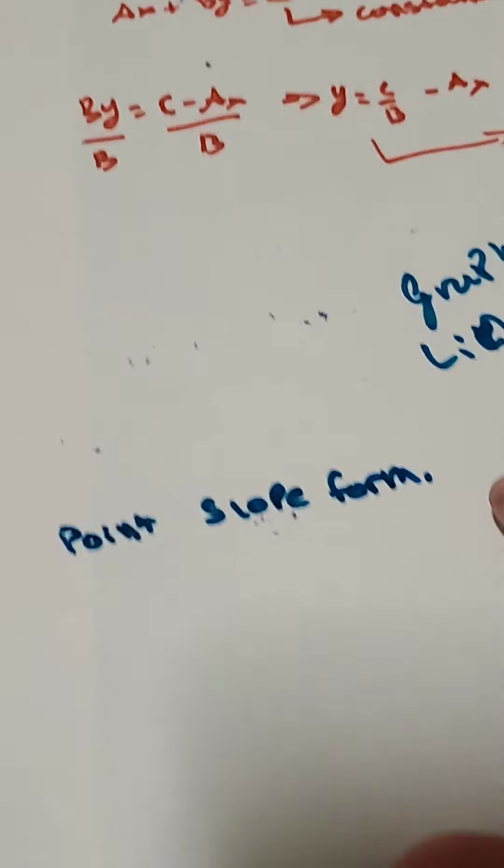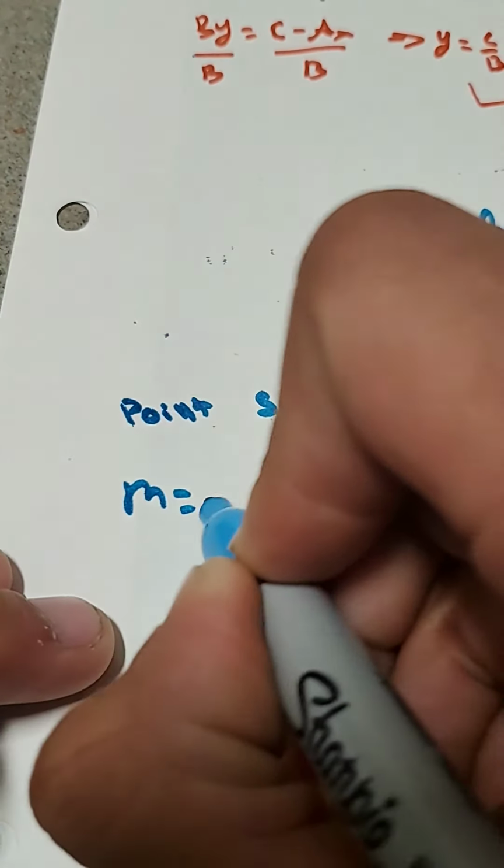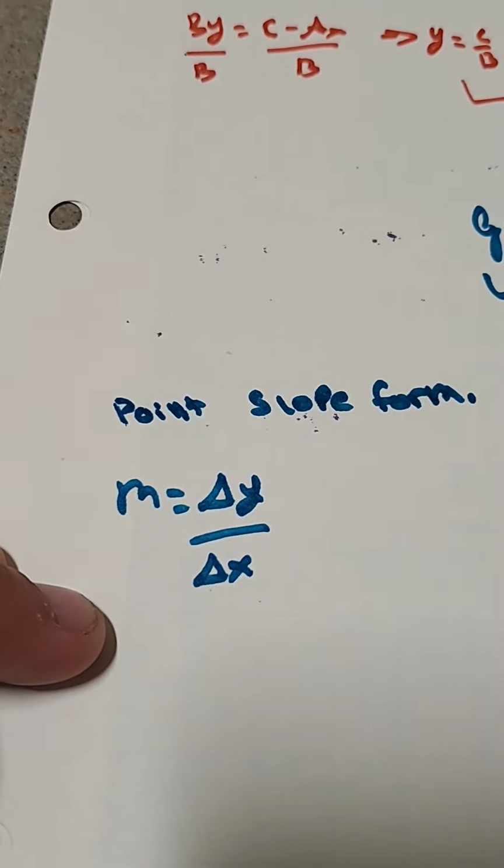If you remember the formula for a slope, m is equal to a change in y over a change in x, delta y over delta x.